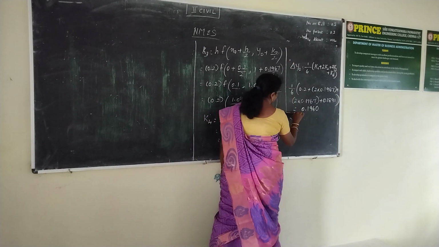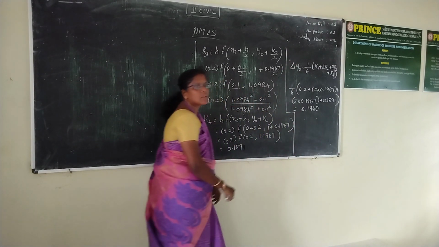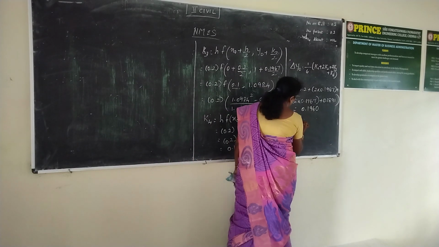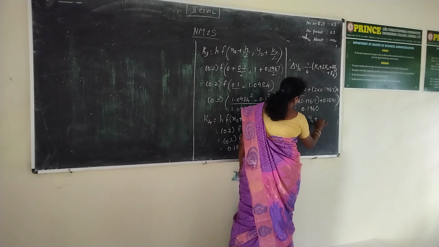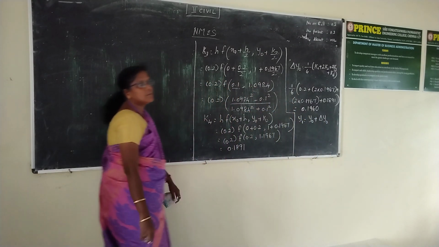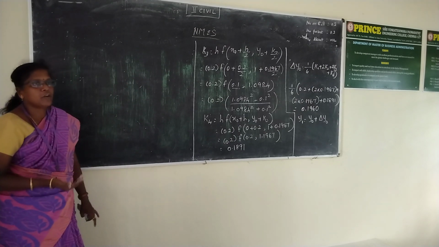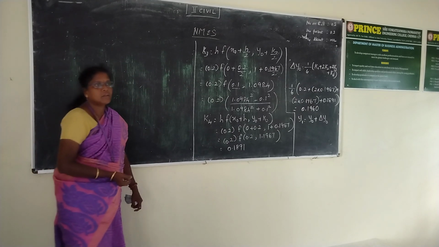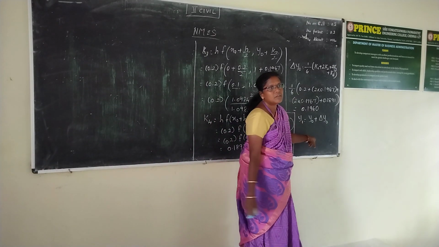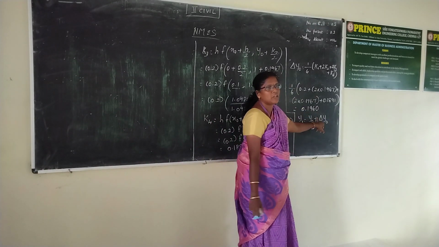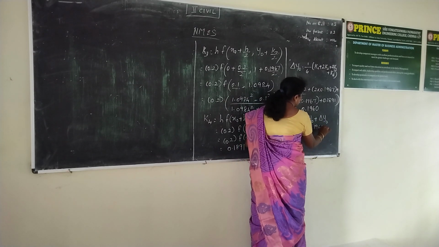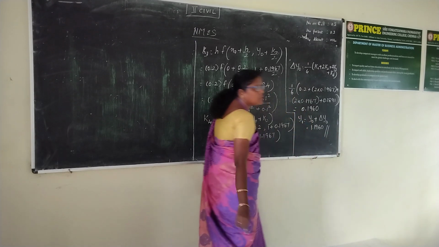Same answer or different? Same answer. So then find y1. y1 is given by y naught plus del y naught. So what is the y naught value for our problem? 0.19 is del y naught. What is y naught? 1. So 1 plus this value. What will be your answer? 1.1960. So that is your y1 value.